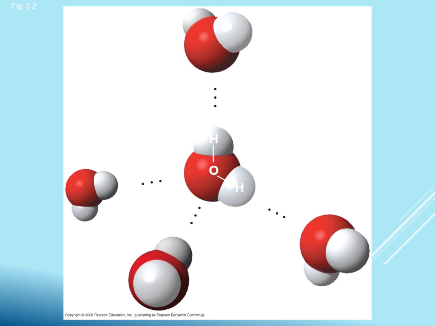Another thing to note about the hydrogen bonds water makes is that there's a limit to how many bonds it can make at one time. This three-dimensional image shows you that the center water molecule is making up to four hydrogen bonds. So the first bond here, of course, we have the positive hydrogen and the negative side of another water molecule.